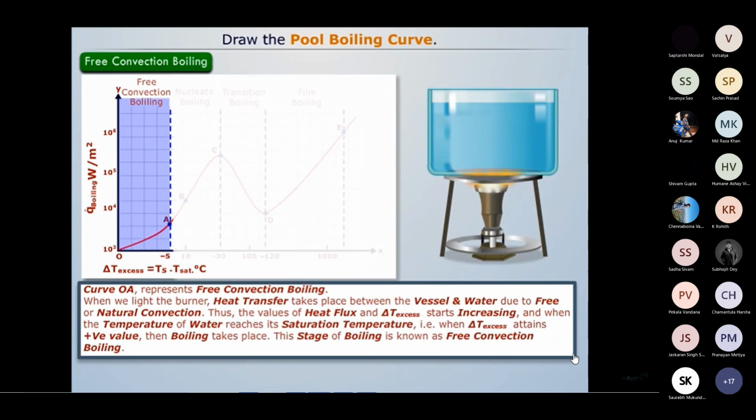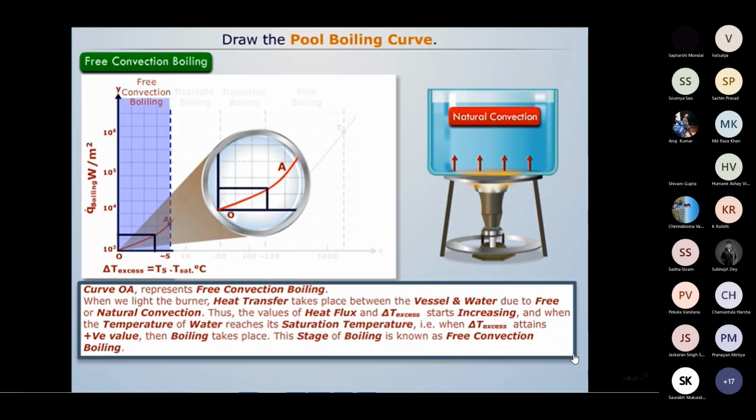When we light the burner, heat transfer takes place between the vessel and water due to free or natural convection. We can see that the values of heat flux and delta T excess start increasing. And when the temperature of water reaches its saturation temperature, that is, when delta T excess attains a positive value, then boiling takes place. This stage of boiling is known as free convection boiling.